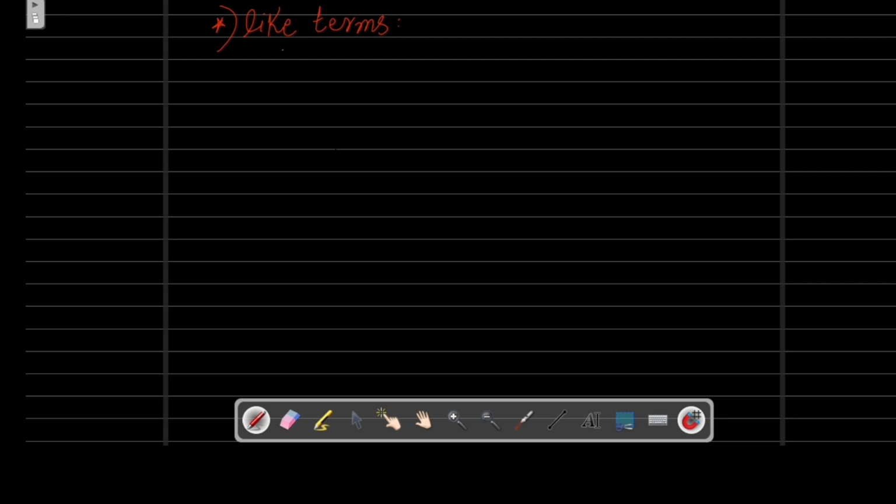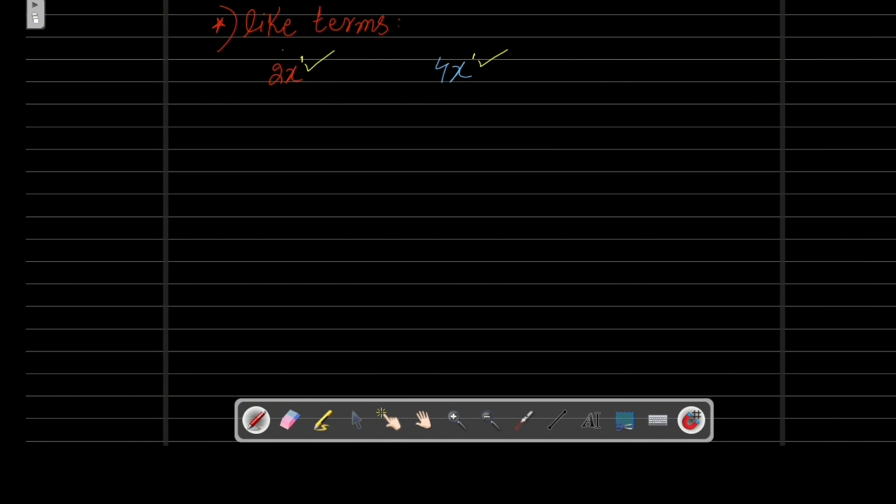For example, if we have one term which is 2x and another term which is 4x, these will be like terms only because they have the same variable part, exactly the same. Not just the variable, but also the power of that variable should be the same. That's why these two terms will be like terms.